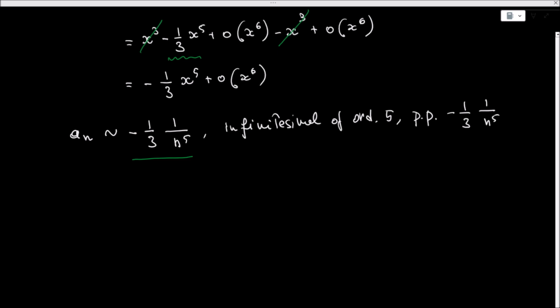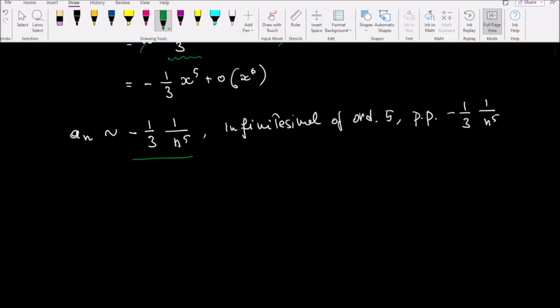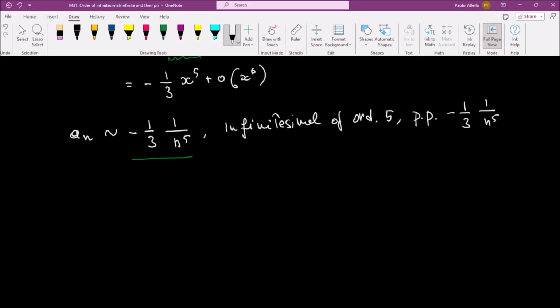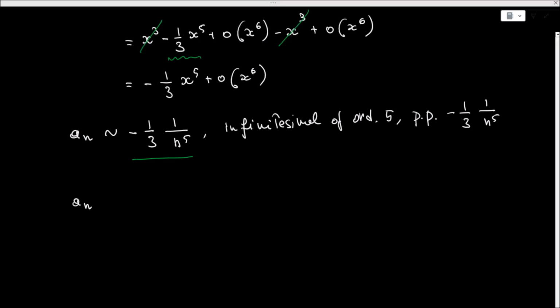And on top of that, we can build even more sequences. For example, let's see what happens if we want to multiply an times a power of n to some exponent alpha, with alpha any real number. Okay, so what we have is an.